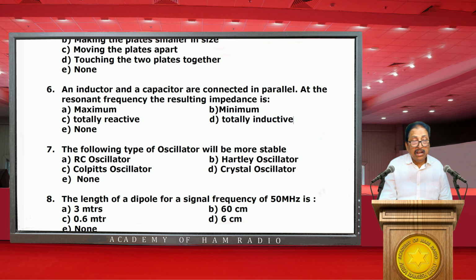An inductor and a capacitor are connected in parallel at the resonant frequency. The resulting impedance is maximum. Maximum is the answer.